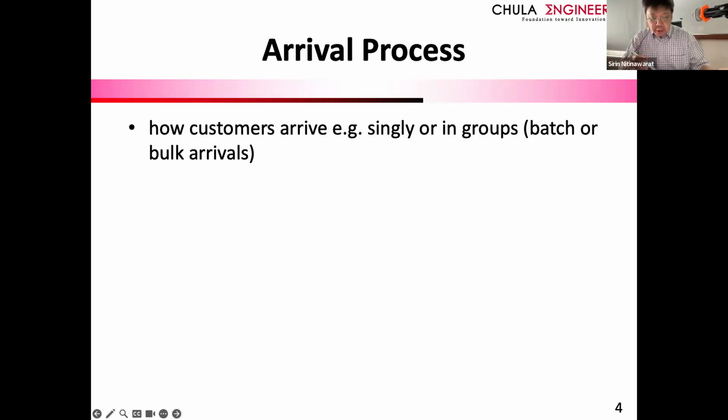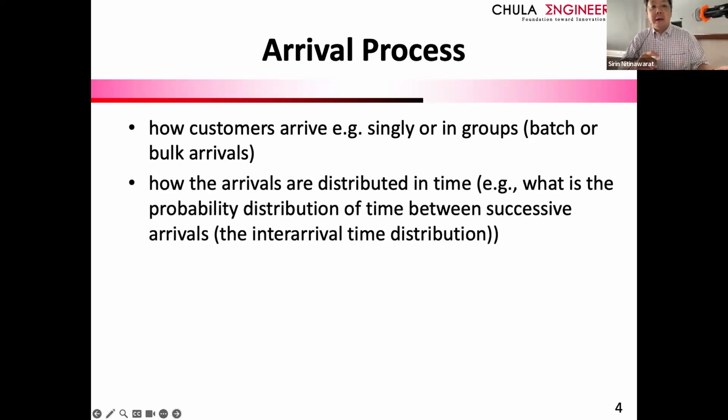So here is only one aspect. But of course, if you want the full detail of this arrival process, you need to specify this entire process as a function of time.